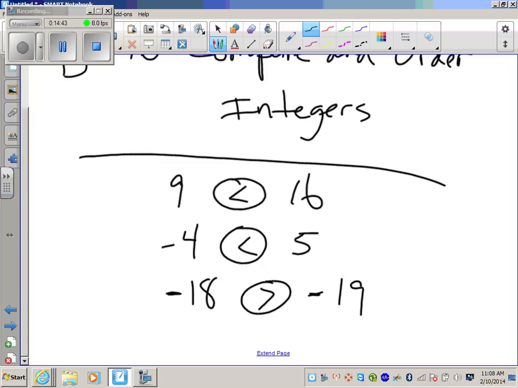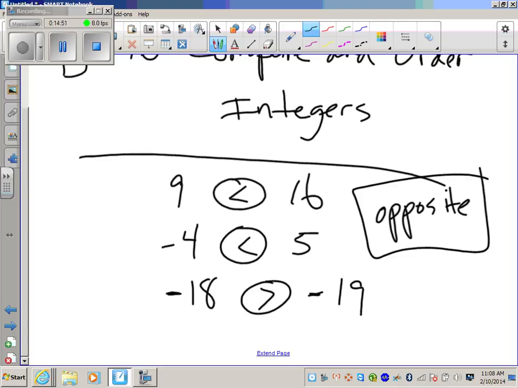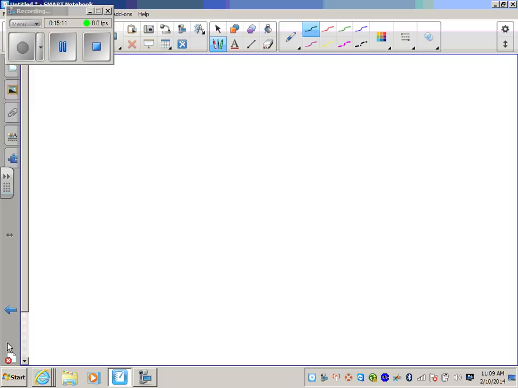Now think about it, and also think about the term that we said before. Opposite. Once you get into that negative side, things have a tendency to work the opposite way. If the 18 and the 19 were both positive, then it would be easy. The 19 would be bigger. But since they're both negative, it kind of works the opposite way. All right? Okay?